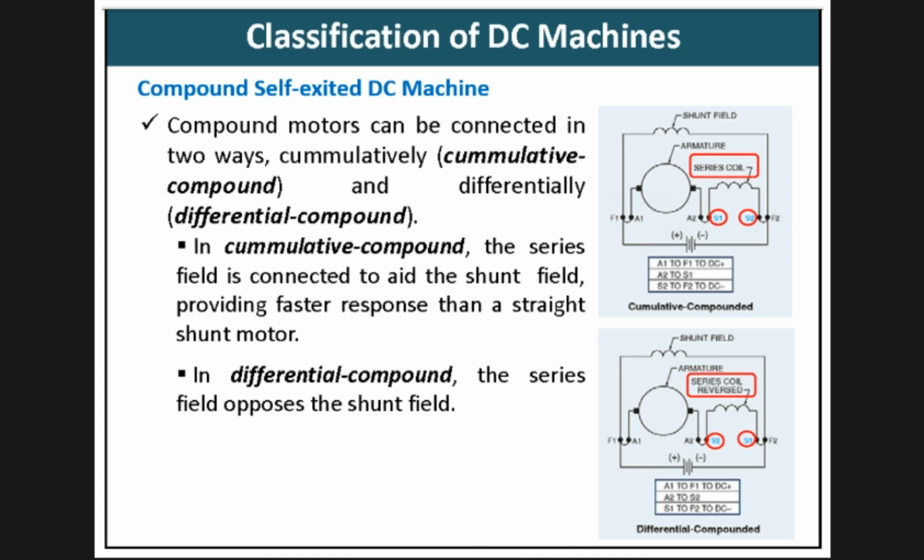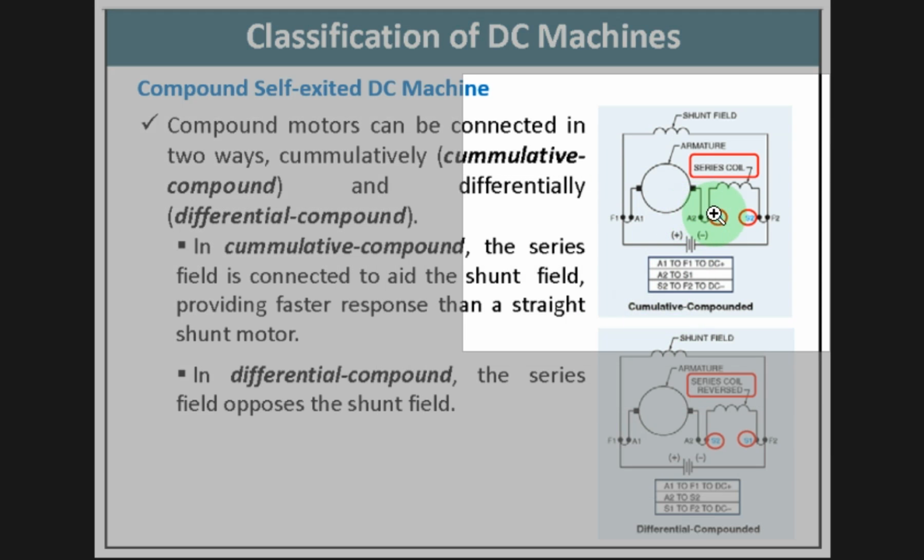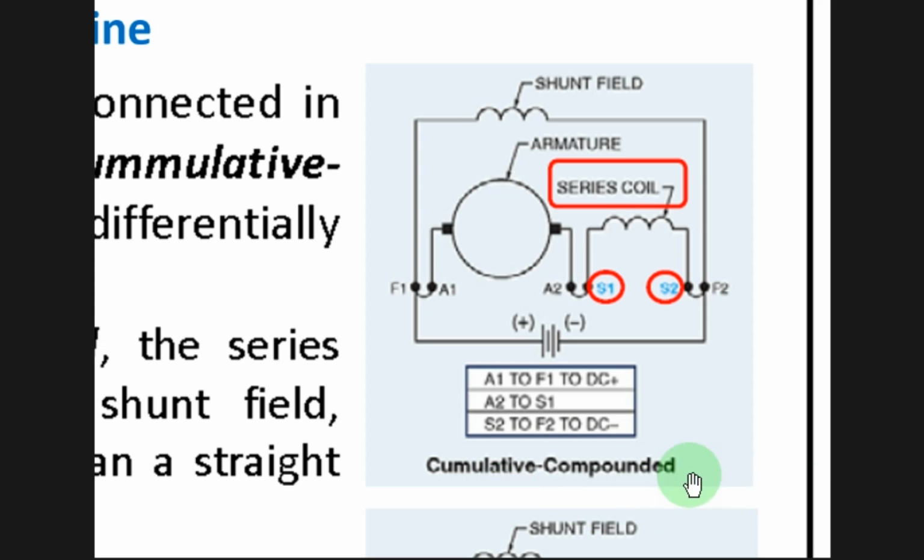If you look at the diagrams here for the cumulative compound, the way the coil is wound for the field winding adds to the field created by the shunt field coil.